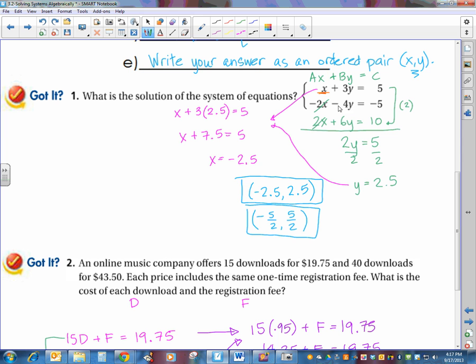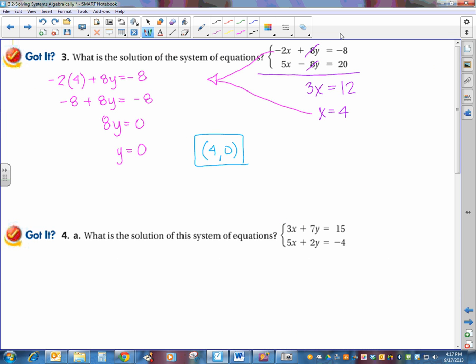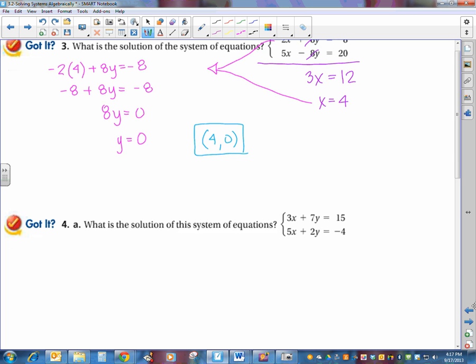If you do not have a coefficient of 1, I would not use substitution. I would use elimination. So looking at these, I don't have anything that's the opposite, and so I'm going to use elimination to solve this system.